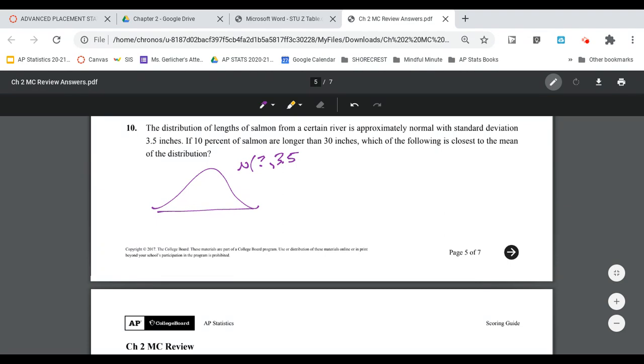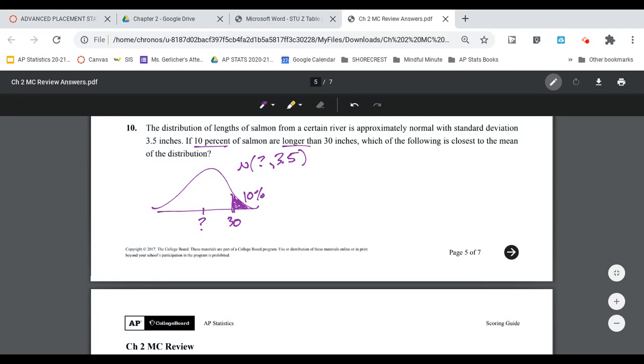We're up here at 30 inches, and I knew that was up at the upper end because they said 10% are longer. So again, longer would be a bigger length. So we have 10% up here.